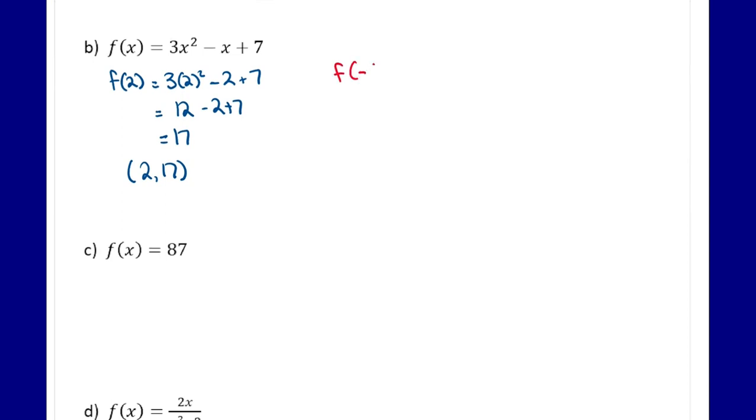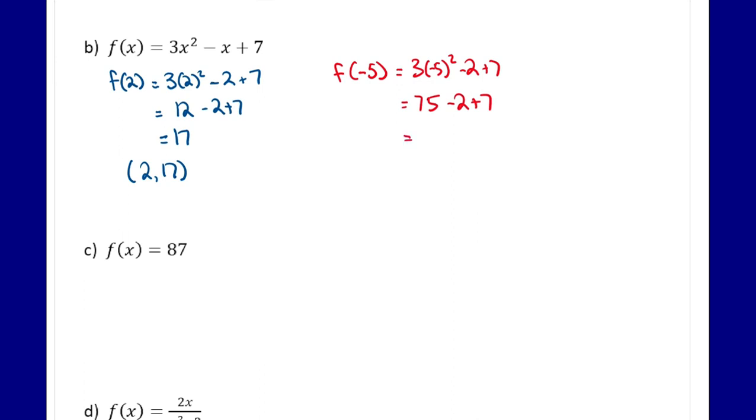F at negative 5 for the next one is 3 times negative 5 squared minus 2 plus 7. 3 times 25 is 75. Minus 2 plus 7.